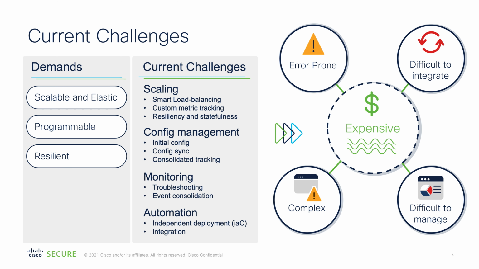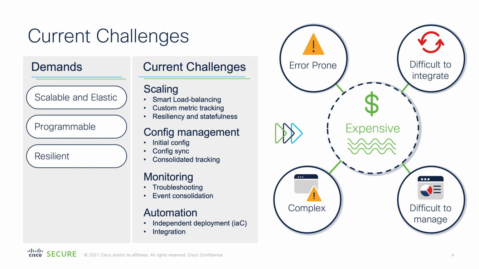So let's start off with the introduction. Today, if you deploy any architecture, the first demand that you will see from customers is scalability and elasticity. Other requirements are that a solution should be programmable and resilient. Current challenges with current architecture is it is difficult to scale.